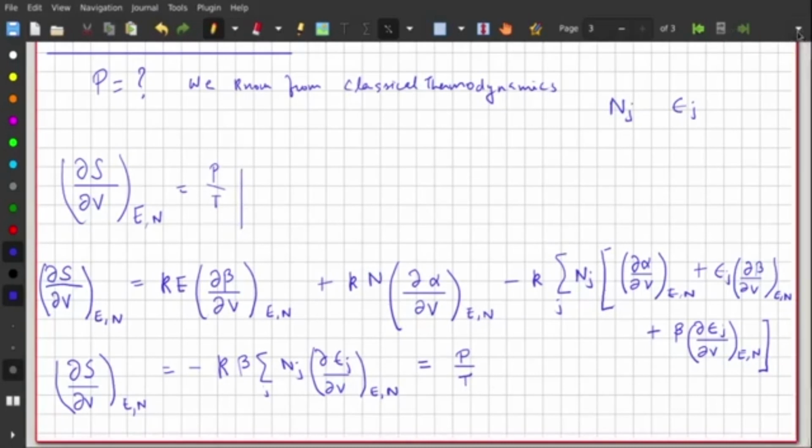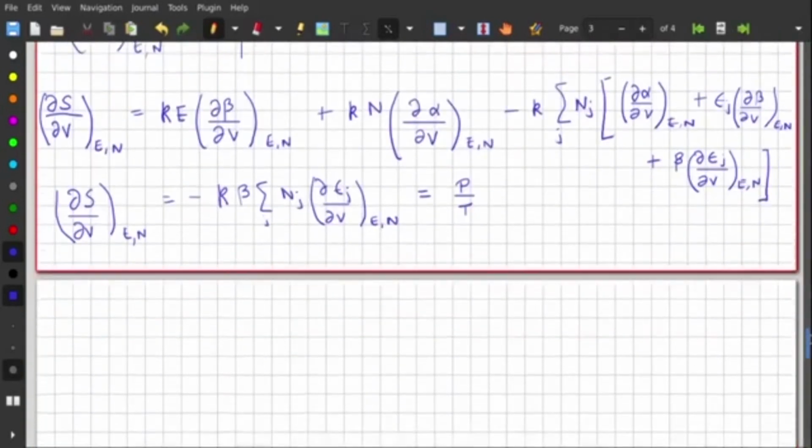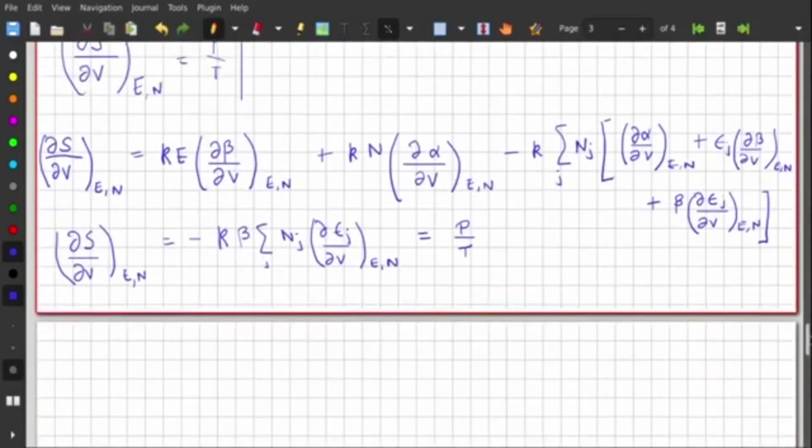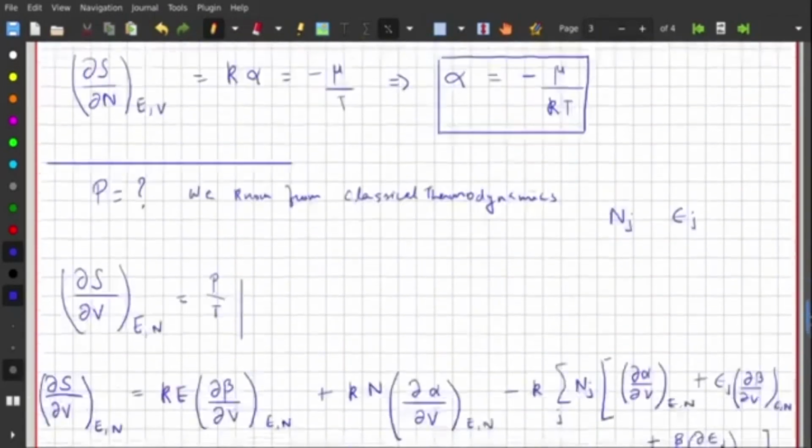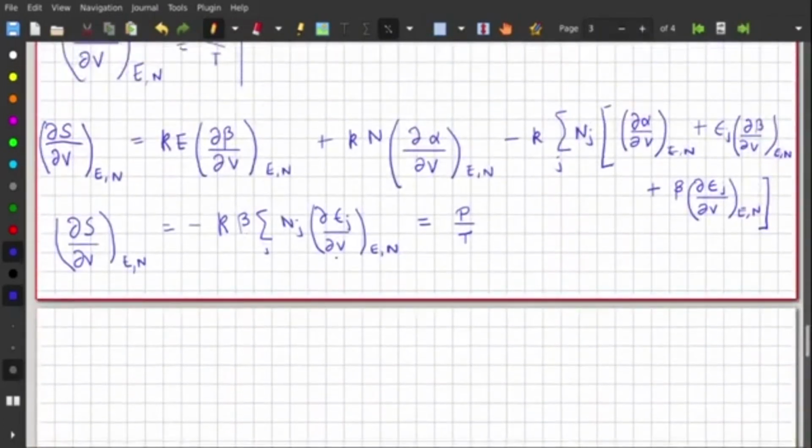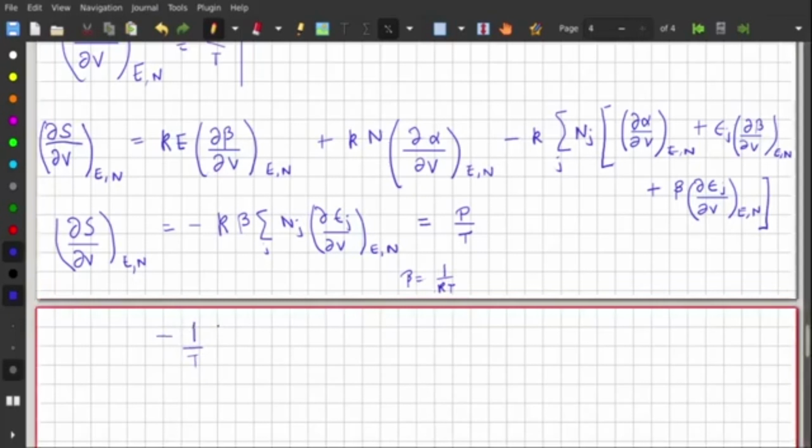If you look at this expression, we know what beta is, which we evaluated; it was a Lagrange multiplier also. Beta was 1 over kT, that means k times beta is 1 over T, so this expression becomes minus 1 over T sum over j nj partial epsilon j partial V with respect to E, N, and that is equal to P over T. This therefore becomes the pressure.